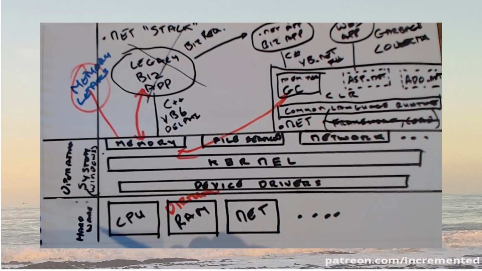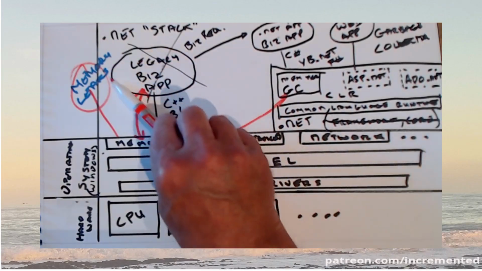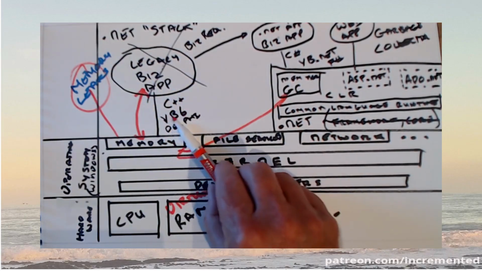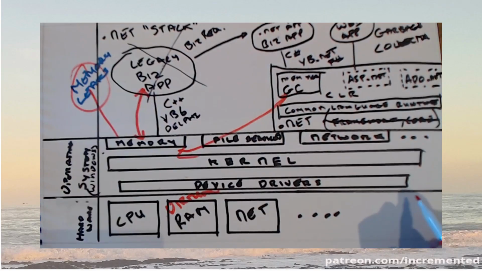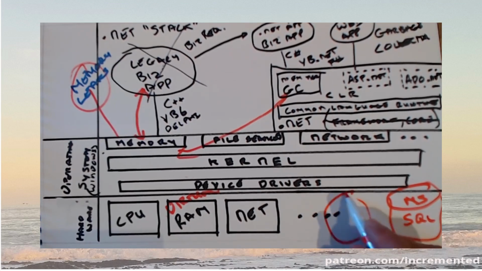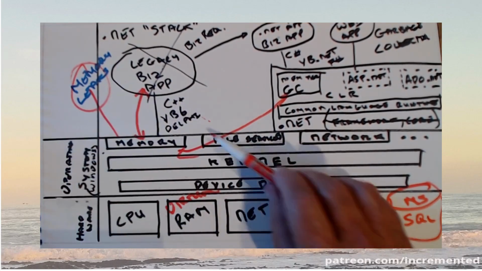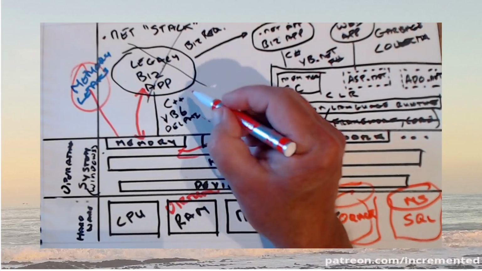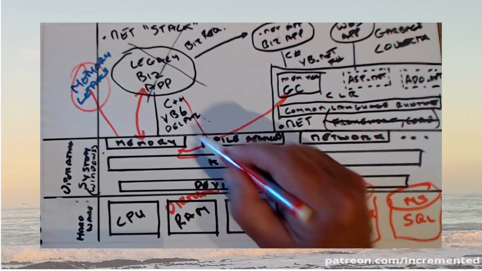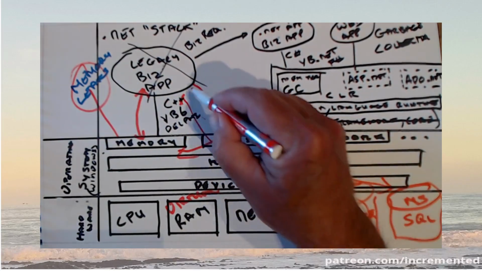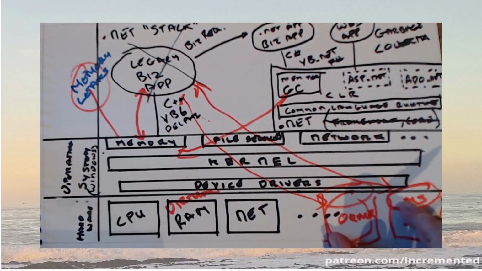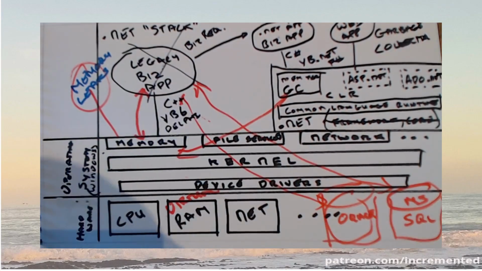If we were building our legacy app, let's say in C++ or VB or whatever, and we had an external database out there, maybe a Microsoft SQL Server, and maybe also an Oracle database, and we wanted to work with both of these databases, then we would have to have different chunks of code in our application to work with these different database products separately, because they work in slightly different ways.